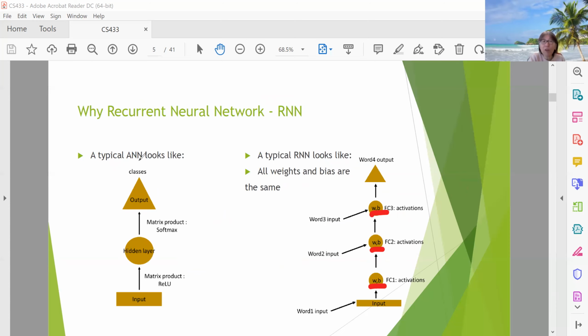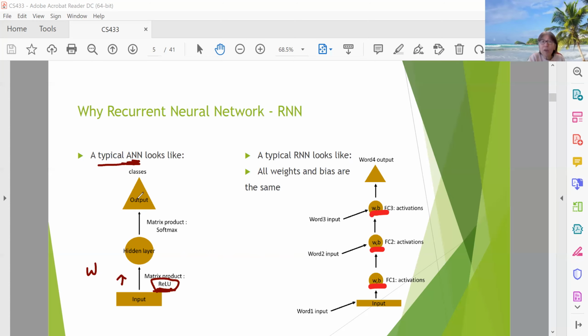Here it also gives us a comparison with a typical ANN. In a typical ANN, we have the input, and the weight between the input and the hidden layer. Generally speaking, we then also conduct activation, and if you recall, this is the rectifier linear unit, which we use a lot for neural networks.